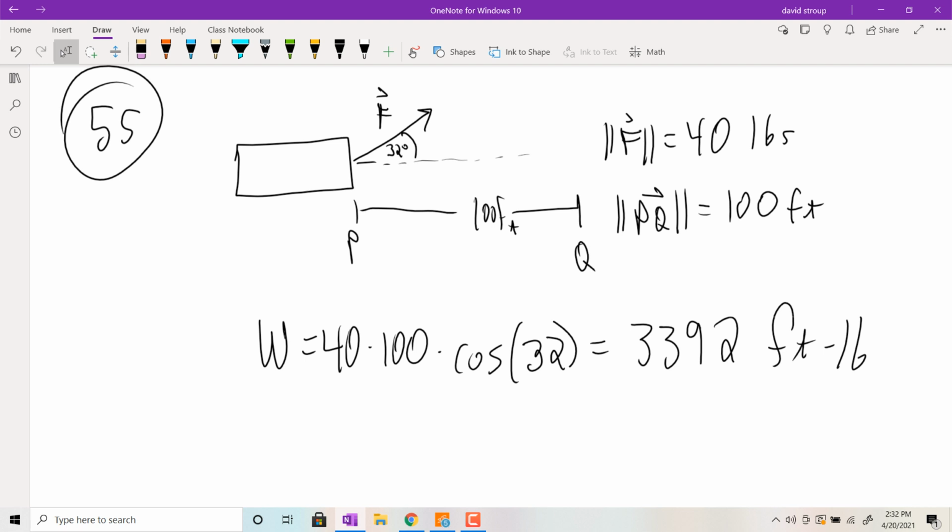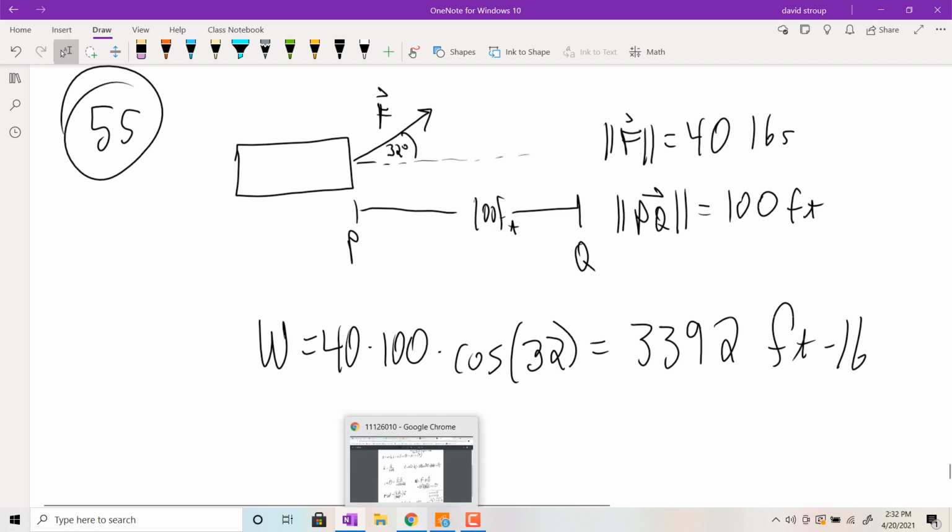Formula sheet 2 and formula sheet 3 are fair game. You're allowed to use those, so have those printed out or copied down on a piece of paper and be ready to show me that on the day of the final.